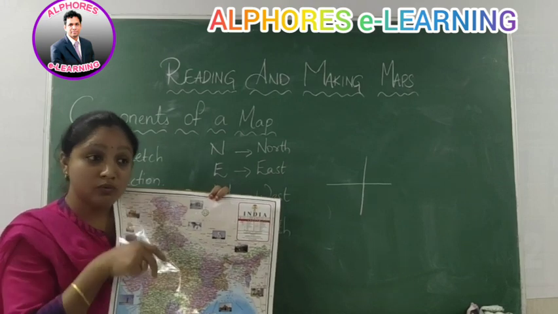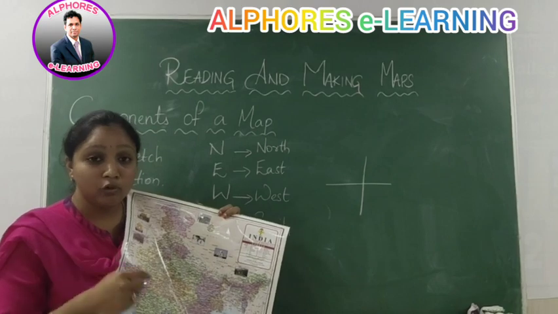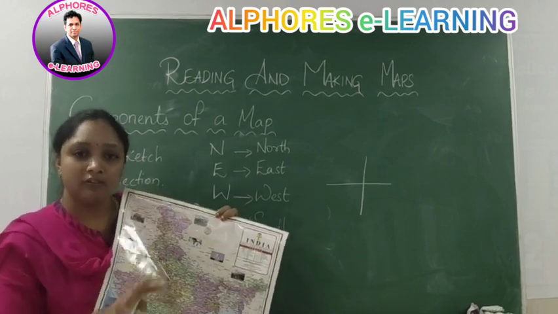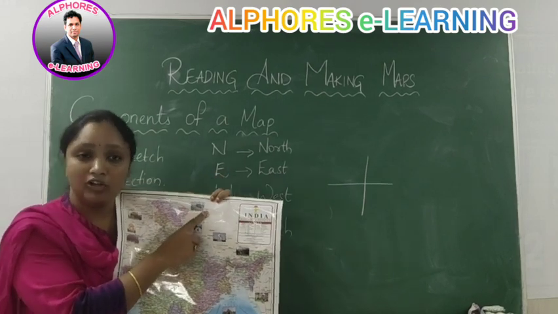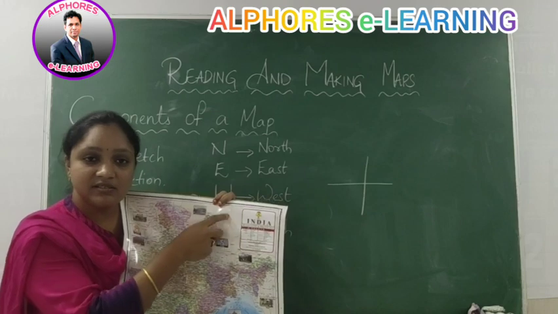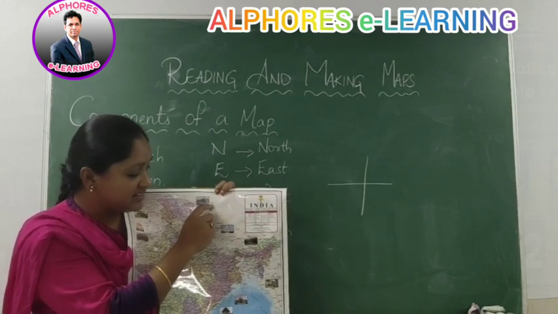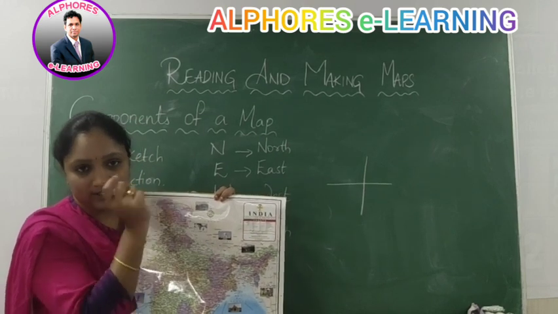And a few maps are there, so we cannot say that all the maps are the same. There are a few maps which have south at the top, but most of the maps maintain north at the top. And you will have this direction symbol over here. By seeing this, you can identify which direction the map started with, right?